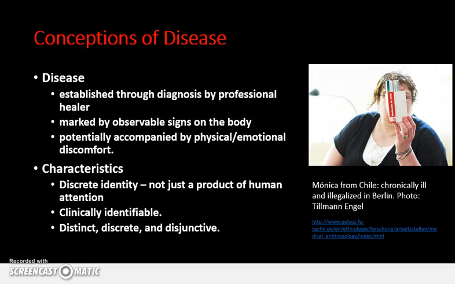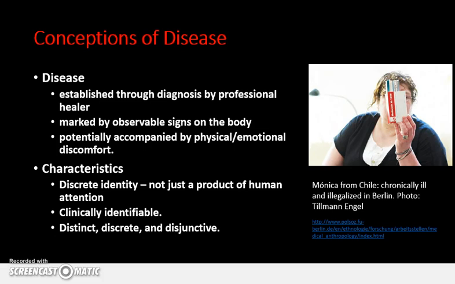It is potentially accompanied by the self-assessment of the individual as experiencing physical and/or emotional discomfort. So the characteristic of disease is that it is primarily a discrete entity. That is, it is not just a product of human attention. It exists outside of it.